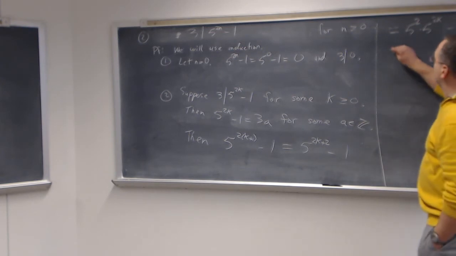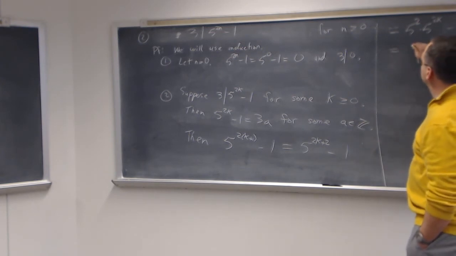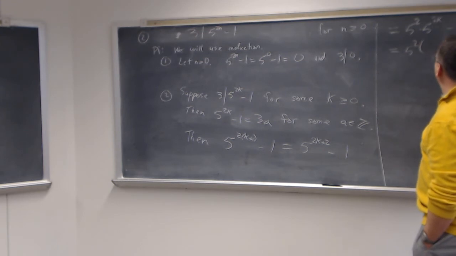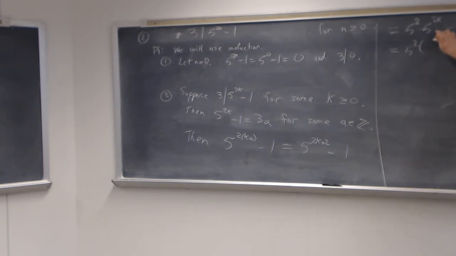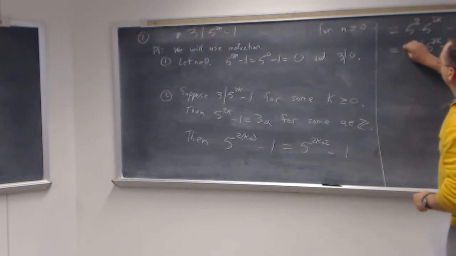But alternatively, I might write it like this. We can do it this way: I'm going to put a 5 to the 2k minus 1, but I just subtracted 25, 5 squared times 1, so I need to add 25.